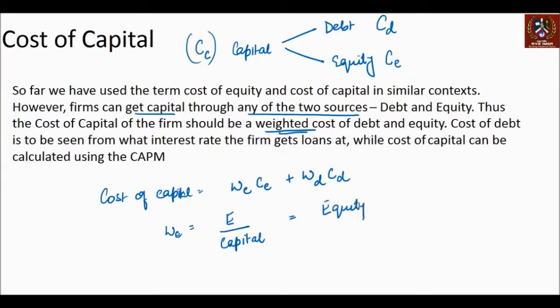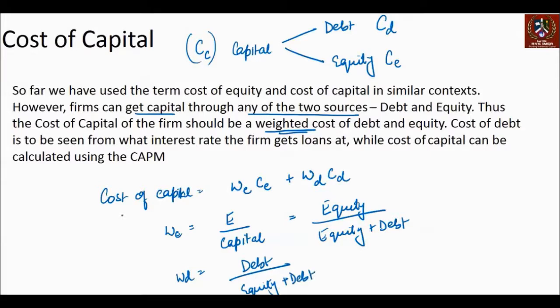Overall capital is nothing but equity plus debt. So equity divided by equity plus debt is going to give me weight of equity. And what is weight of debt? That's debt divided by equity plus debt. So that's how we get weight of debt, right?